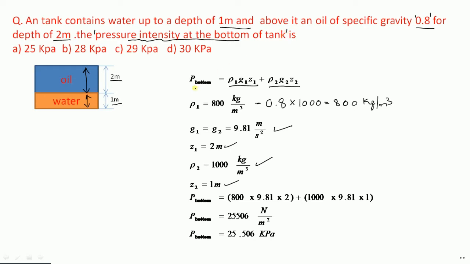Therefore the total pressure at bottom is summation of both the pressures. So once we put the respective values we get the pressure of this value. So in kilopascal, if we divide it by 1000 we get it as 25.506 kilopascal. So option A is correct option.